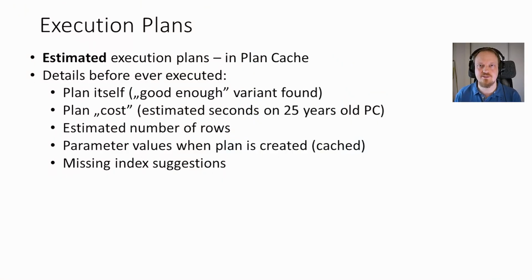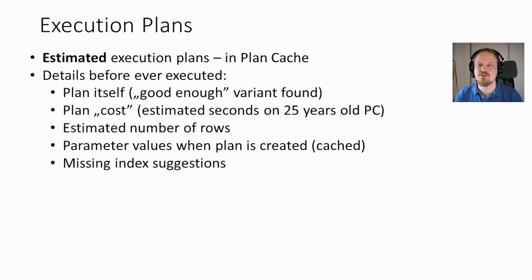Therefore, SQL has a compilation timeout. It gives the optimizer only a small amount of time: you have this much time, and whatever you get by then, execute. So it is a good enough variant of the plan found so far. It may not be the best. We can help it to make better plans, but okay, that's not the topic.